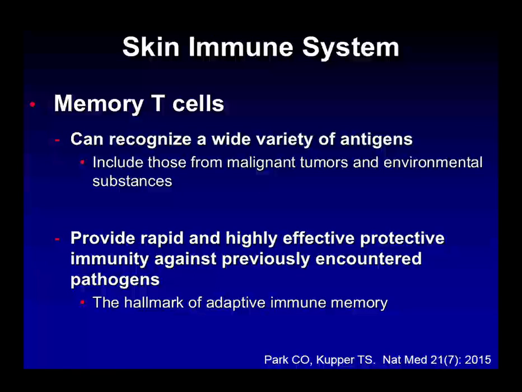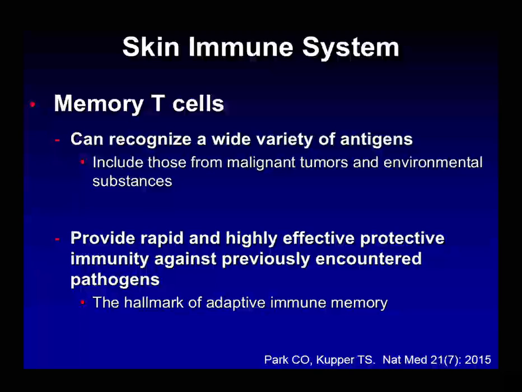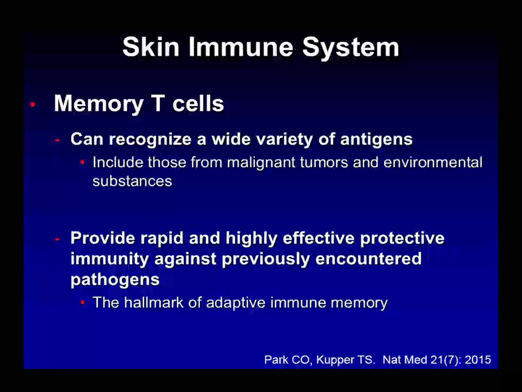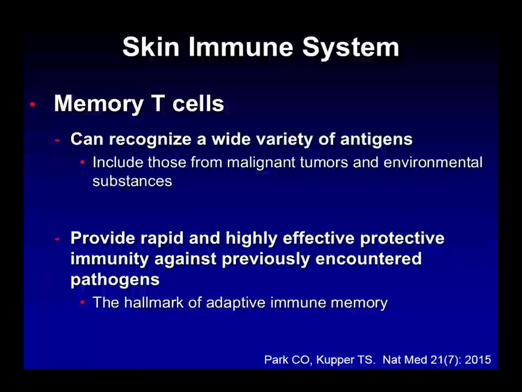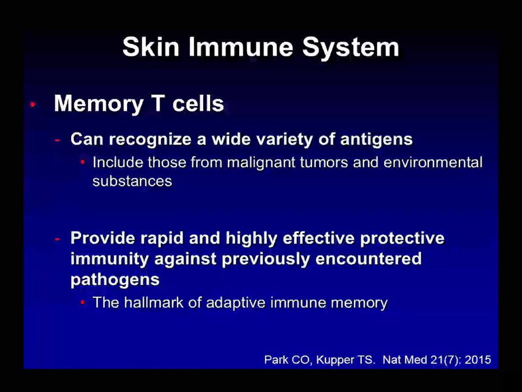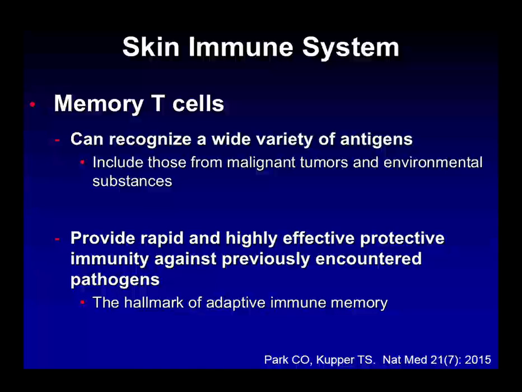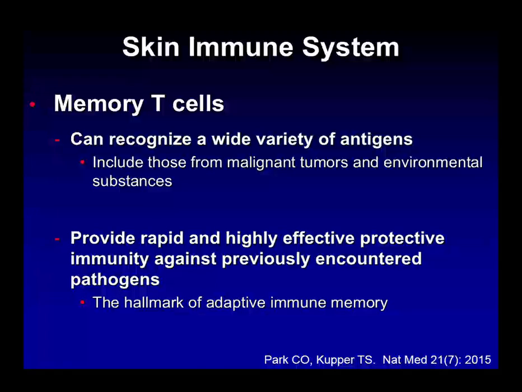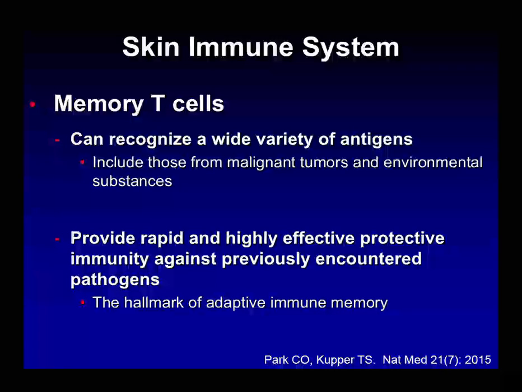And most of these cells are memory cells, with CD4 positive and CD8 positive T cells being present in equal numbers. And just to remind you about a memory T cell, an individual memory T cell will recognize a specific antigen that the host has been exposed to in the past. And as an entire population in any individual, memory T cells can recognize a very wide variety of antigens, from pathogens to tumors to environmental substances.